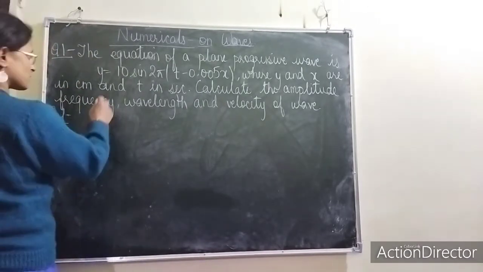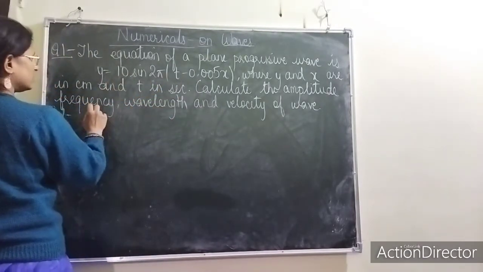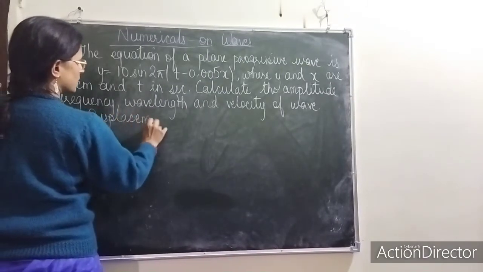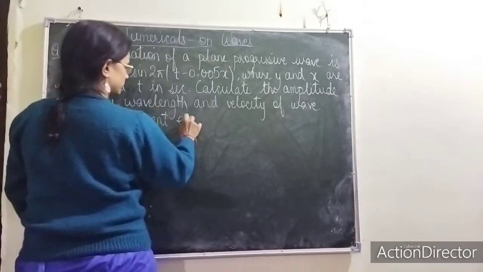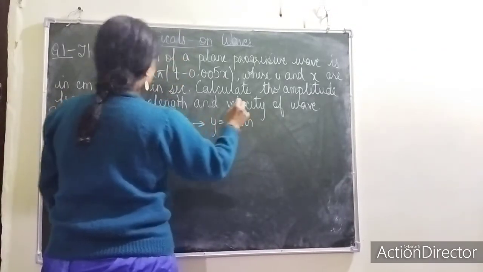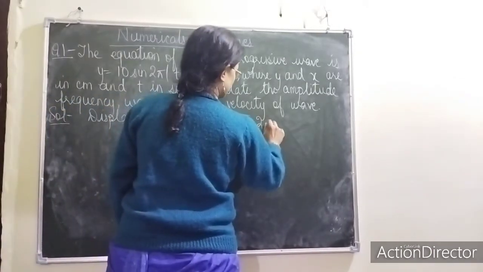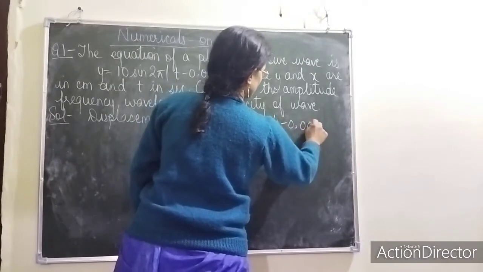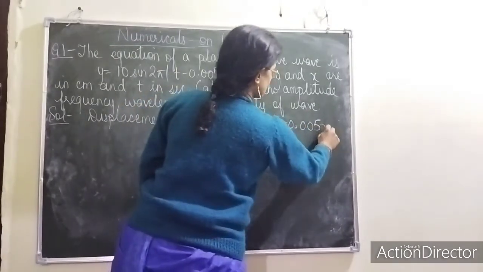The first step: this is the equation given. The displacement equation given to us is y equals 10 sine 2 pi (t minus 0.005 x).